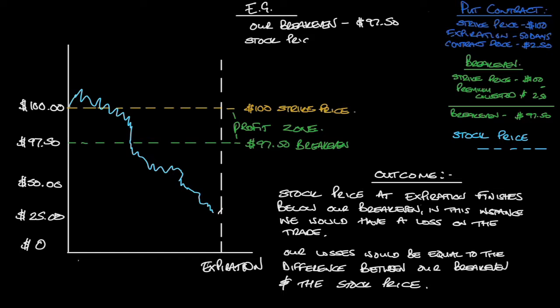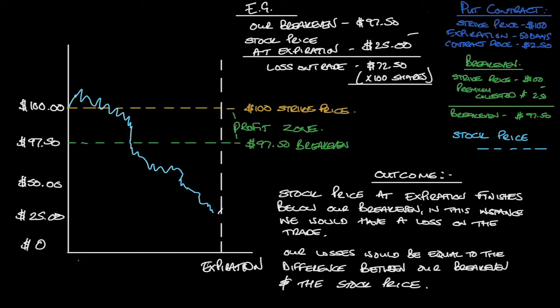In this situation, we would have quite a significant loss. If we subtract the stock price of $25 from our break-even of $97.50, we would have a loss of $72.50 per share. When multiplied by 100 shares, the total loss would be $7,250.